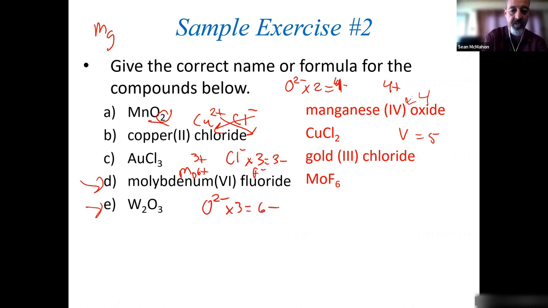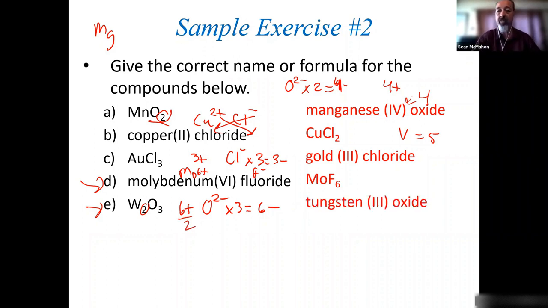So that's a 6 minus. How do I get rid of a 6 minus? I need a 6 plus, but hold up. There's 2 of these tungstens to cancel that 6 plus, right? So when I divide that 6 plus by 2, I get a 3 plus. So this is tungsten 3 oxide. Yup, tungsten 3. Good times.